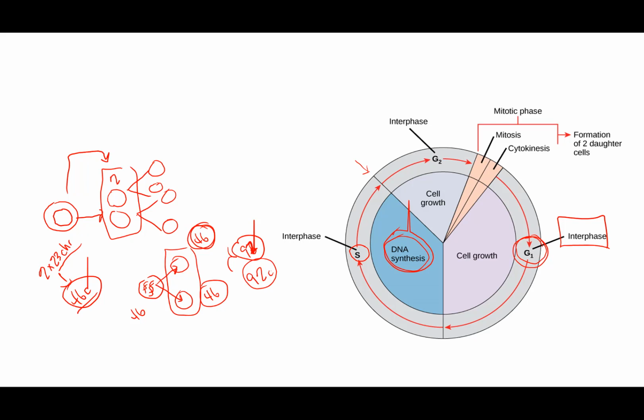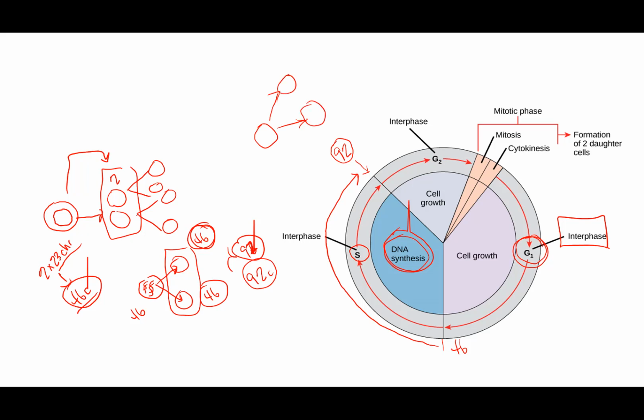Once we end up at the end of the DNA synthesis stage, we have twice the amount of DNA. We started at 46 chromosomes right here, but as we go through this cycle, at the end we will end up with 92 chromosomes, because we're ready at this point to go from one cell into two exactly identical cells.